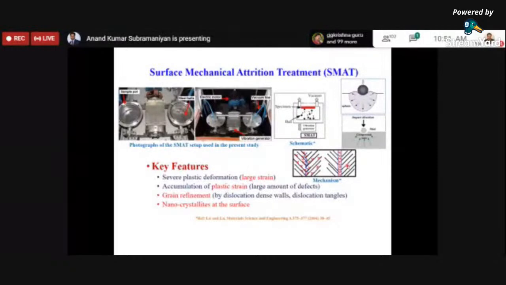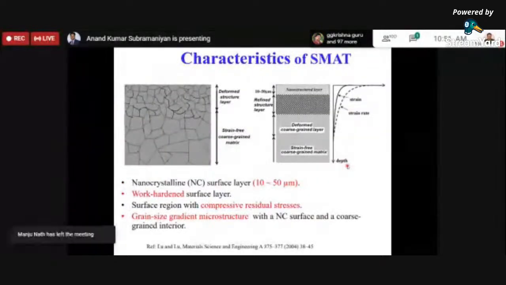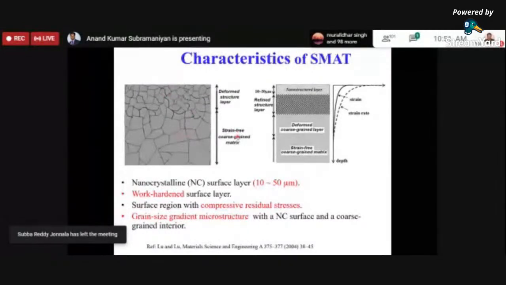So now quickly, if we do this SMAT process, we are going to get this grain size gradient microstructure, where you tend to see the deformed layer zone as well as the refined grain size, and at the bulk you will have a strain-free coarse grain matrix.